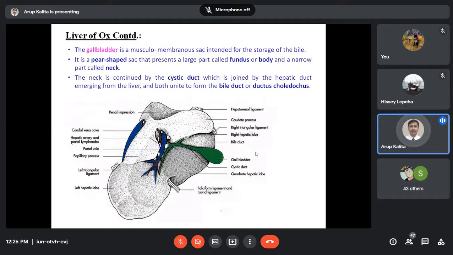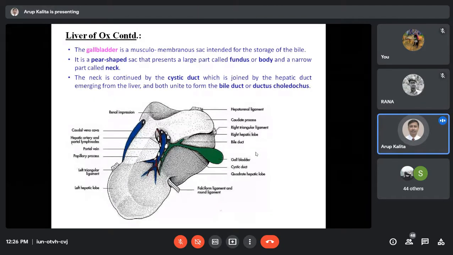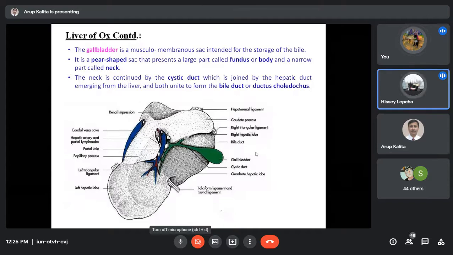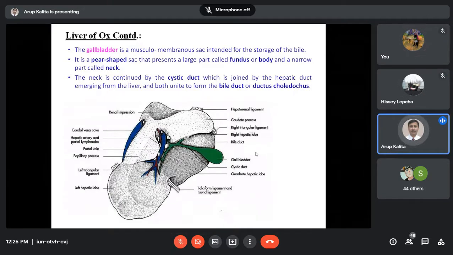The duct of the liver is known as the hepatic duct. The duct of the gallbladder is known as the cystic duct. Together, the hepatic duct and cystic duct unite to form the common bile duct that opens into the duodenum.